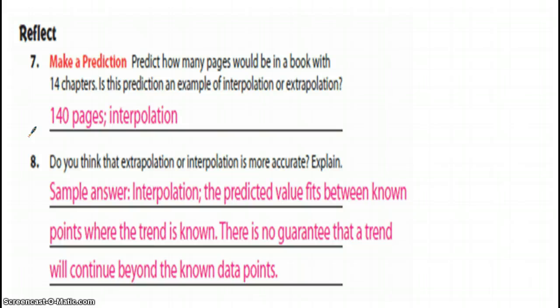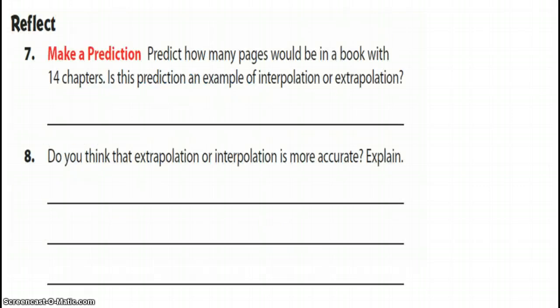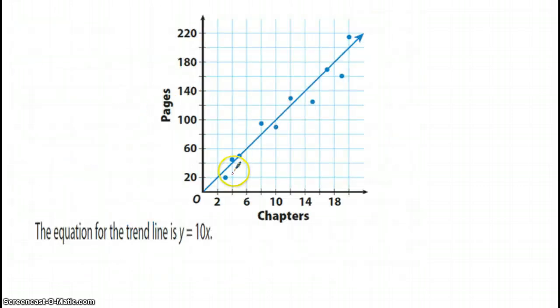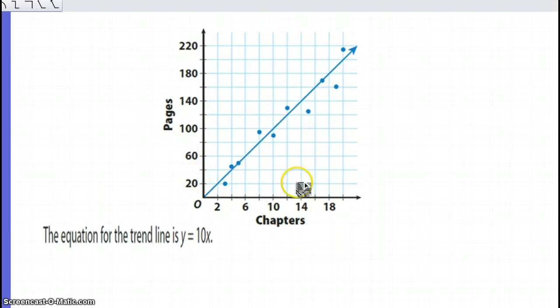Now, number 7 says, predict how many pages would be in a book with 14 chapters. And then, is this interpolation or extrapolation? And we see they said 140, and sure, you could have used the equation, but let's go back to the graph. We're looking at this graph and it says 14 chapters. So my friends, here's what we're going to do. We're going to determine 14 chapters.